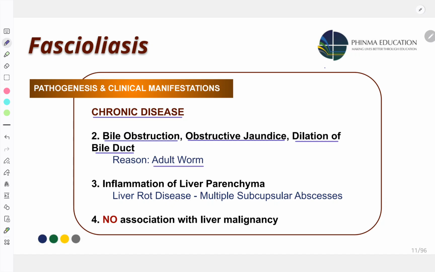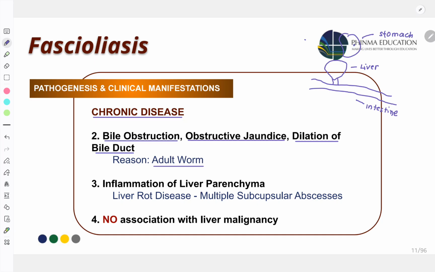For example, let me draw it. This is your liver, and this is your intestine. And then this is your bile duct. Why is there bile obstruction? Because if you remember, for example, this is your stomach.